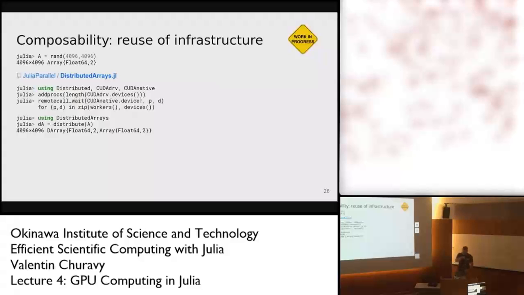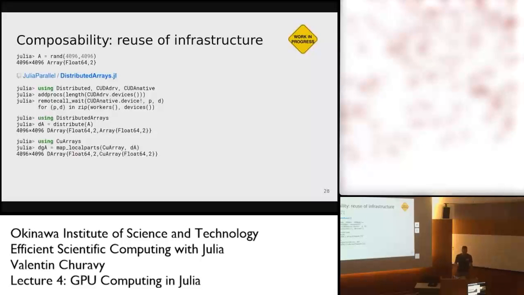If you look at DistributedArrays and you're distributing a normal array in Julia, you just get a DArray with an element type and this Array{Float64} underneath. And this tells you I've distributed the array across all the workers, and the underlying representation is Array{Float64}.